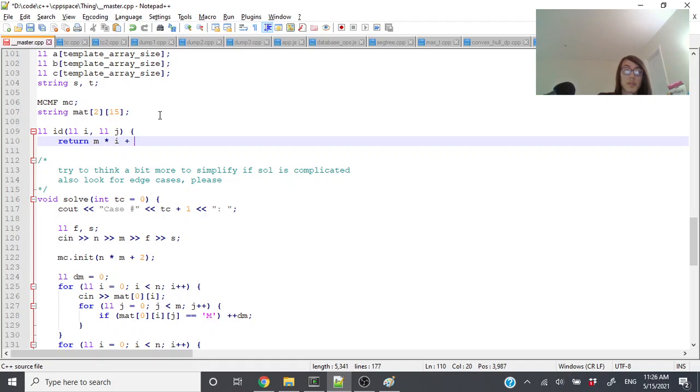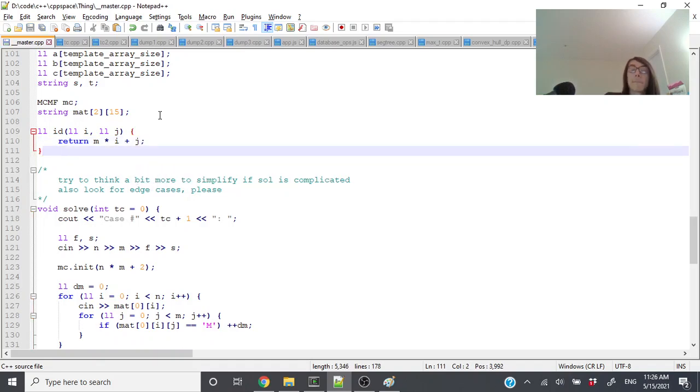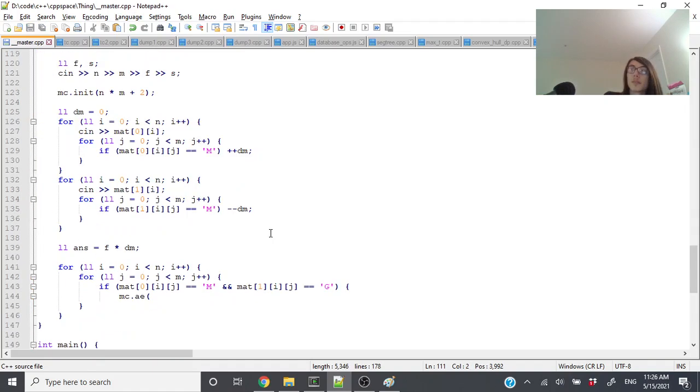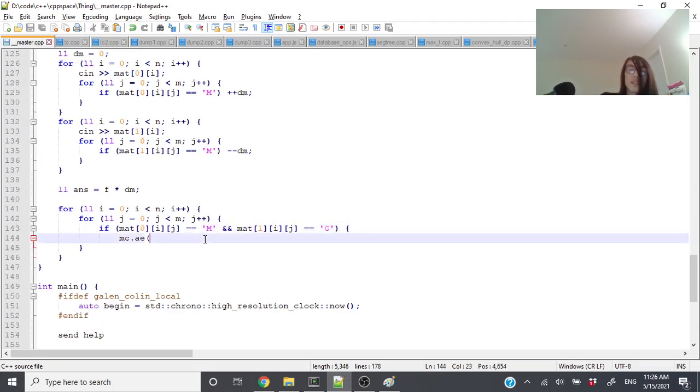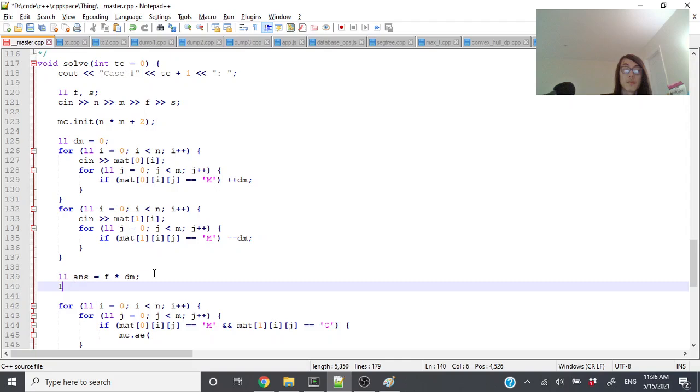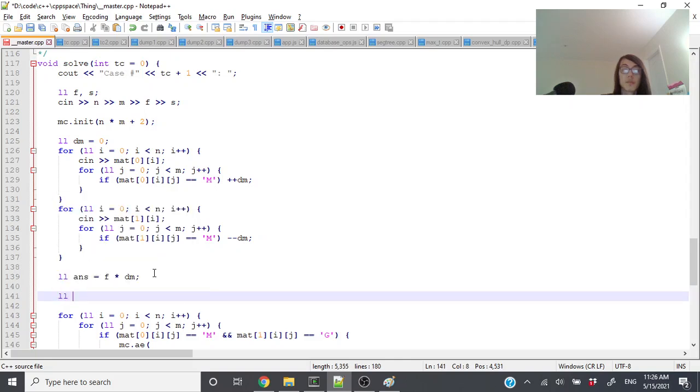M times I plus j. Yeah, it's the row and the column, so it's the number of columns, it's just like a position. So we add it from T. T is just like a temporary.